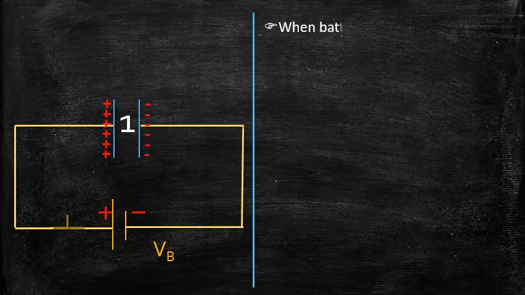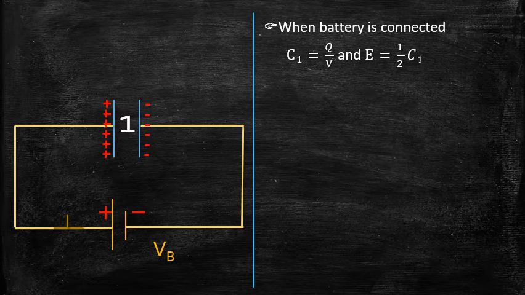We know that when the battery is connected, C1 is Q by V and energy is half C1 V square. So we can find out the initial energy. Okay, and there should be some value of initial energy because your charge is deposited, battery connected. So you have two ways of finding out energy. One is half CV square, or else you can use Q square by 2C.